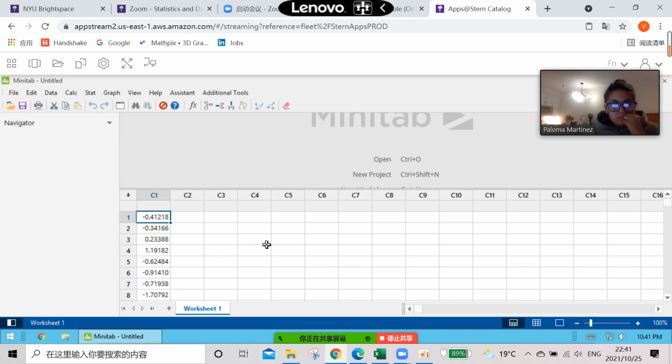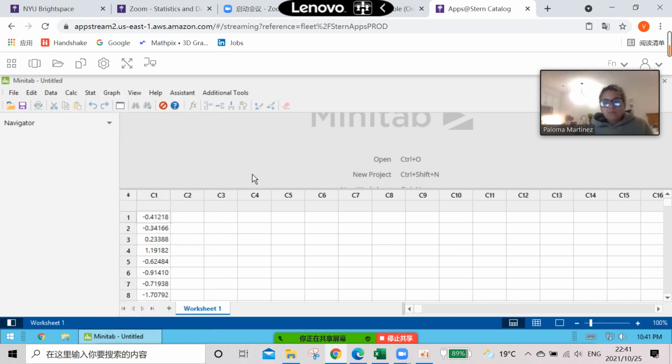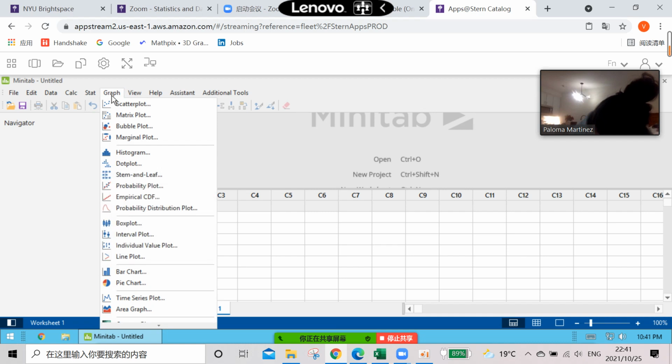I just use a computer program to generate 1,000 data points from a normal distribution. Then I click on graph. Right, but in the homework assignment, you should copy and paste those 16 observations in one column into this QQ plot. And I'm just going to click on graph.